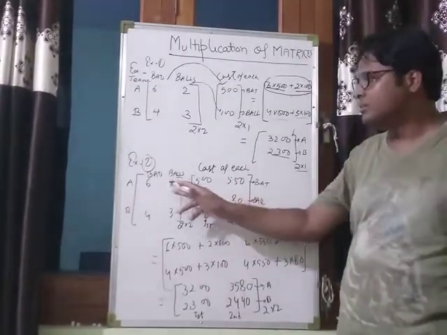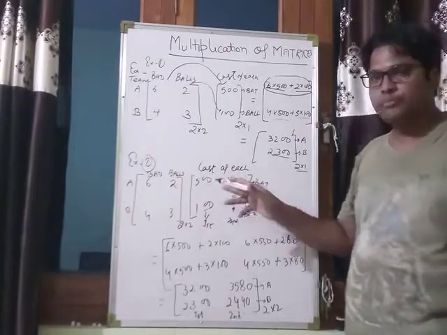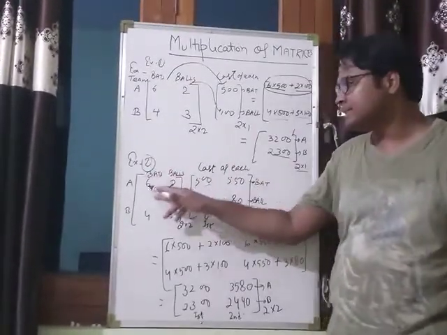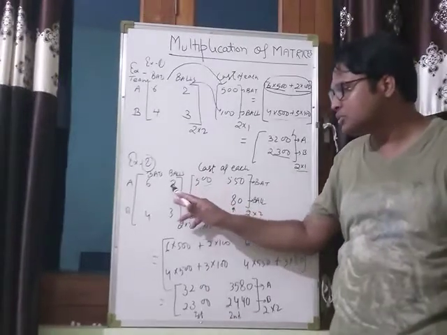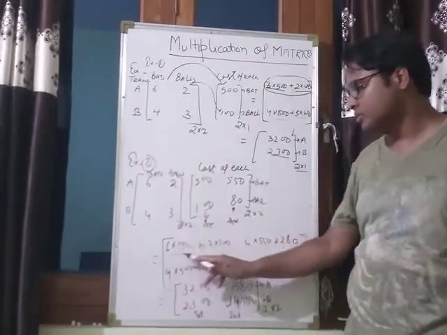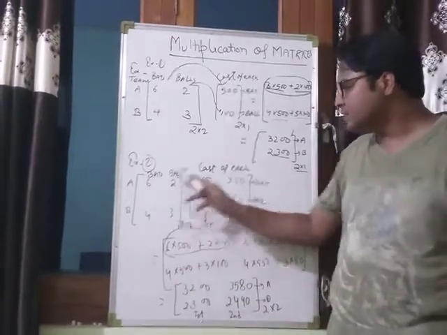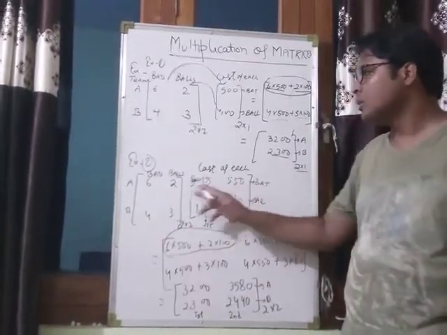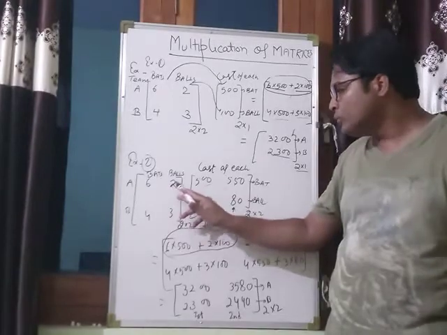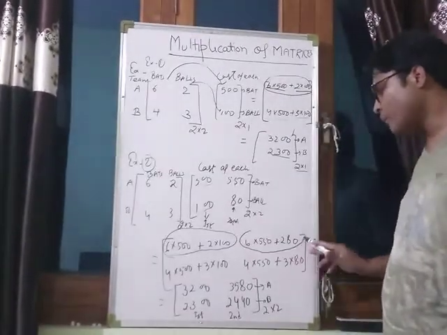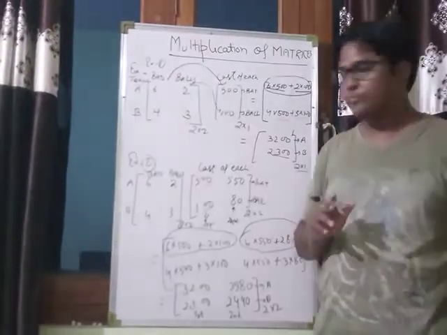See, this is team A. What will be the money required for team A? 6 into 500 plus 2 into 100 for shop A, and 6 into 550 plus 2 into 80 from the second shop.